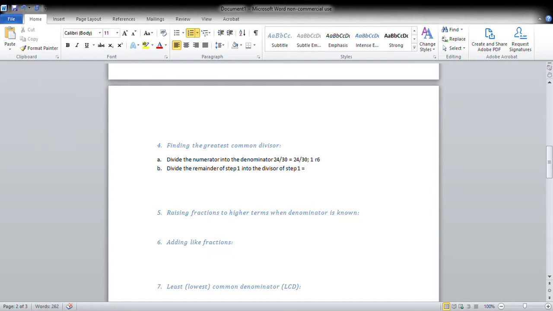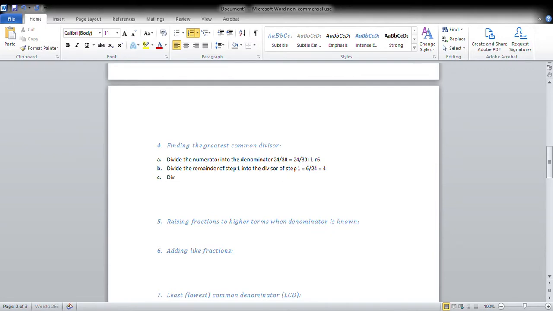Okay, so our remainder was 6, and we're going to divide it into the divisor, which is what we divided into the denominator, which is our numerator, 24, so 24 divided by 6, which equals 4.